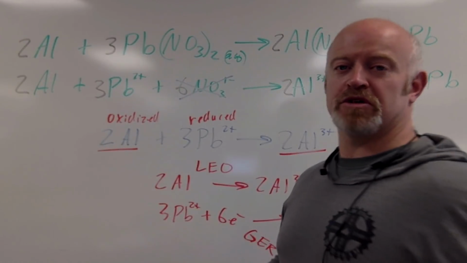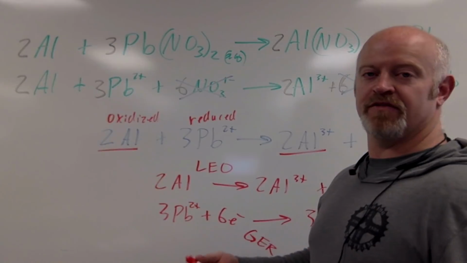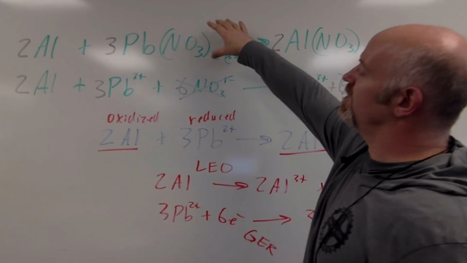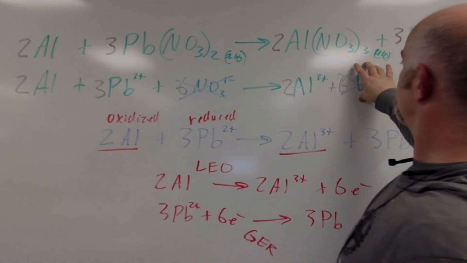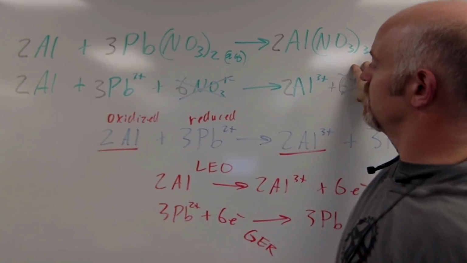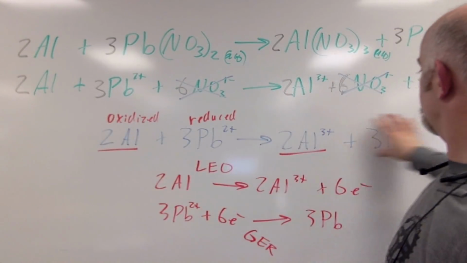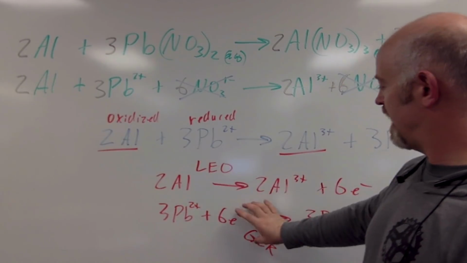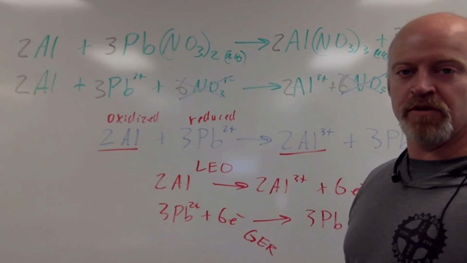So that's kind of how you break it down. I'd probably put in more steps than maybe you need to visualize it. But really, the first thing you want to do, if you have single displacement or anything, is get rid of your spectators, because they're not oxidizing, they're not being reduced. Take a look at the net ionic and then do your 2 half reactions to identify what's going on.